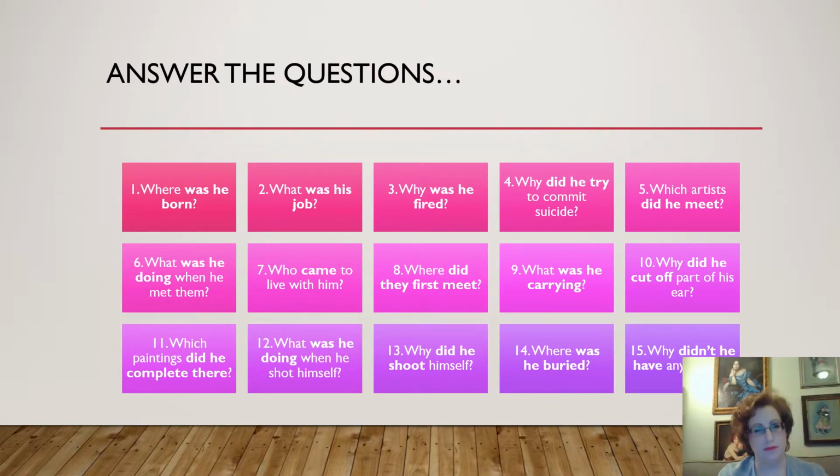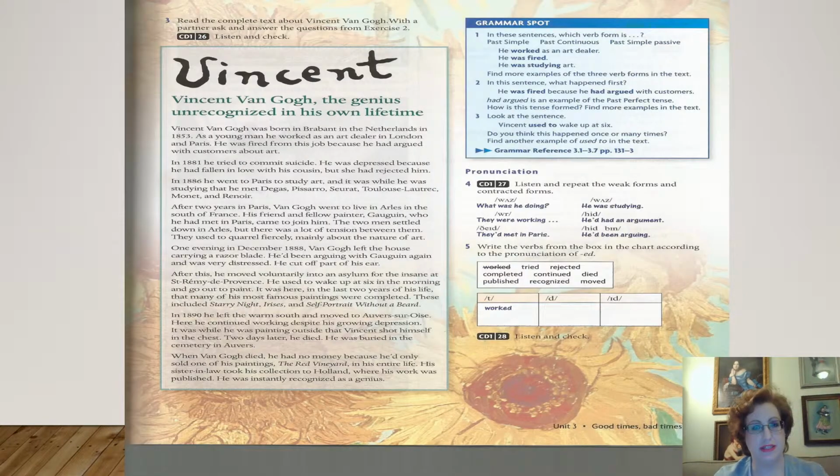So now, instruct students to read the second text. This is the second text.